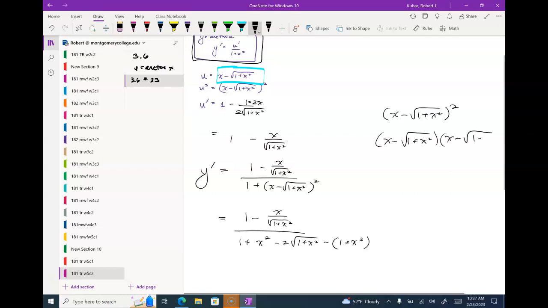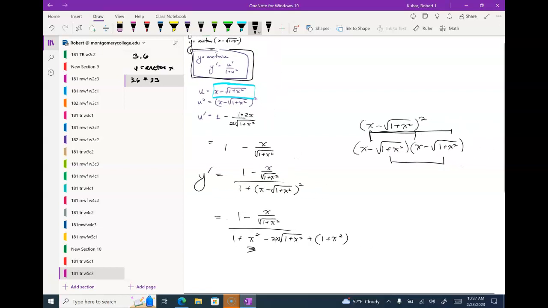And then x times x is x squared. I get a negative, oh, I made a mistake there. That should be negative 2x square root of 1 plus x squared. And then the last term is a negative times a negative, which is a positive. Good thing I did that. Don't do two things in your head. It's scary in there, for me at least. It might also be for you.